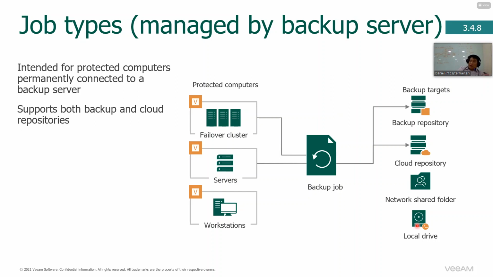First thing, when we create a backup job, we can choose to be managed by backup server, which is one of the options here. When you choose managed by backup server, it means all your job configuration and your schedule will be controlled and managed from the backup server perspective. Meaning if your backup schedule kicks in, the backup server will be the one who initiates the backup.